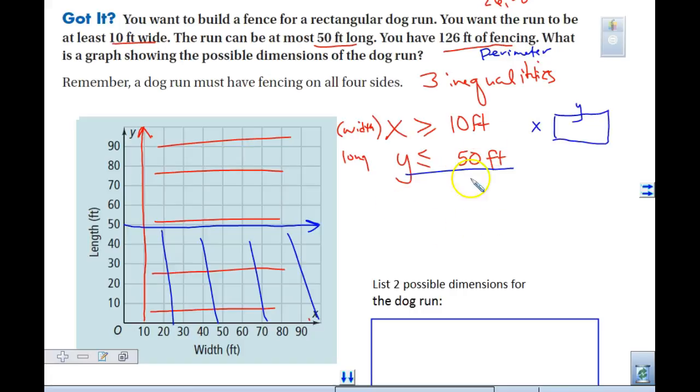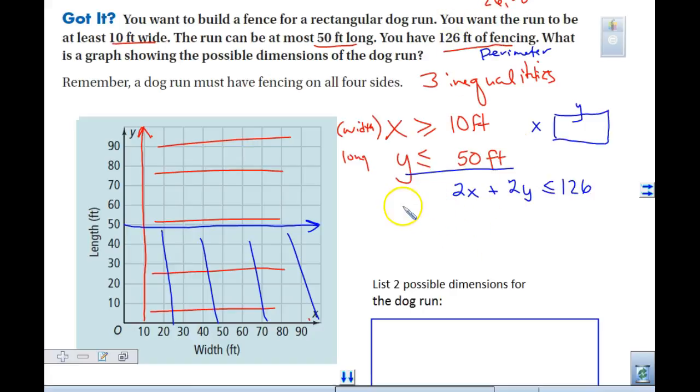So when we think of doing perimeter, a lot of times I'll have students do this. They'll say that this is 2x, 2 times the width plus 2 times the length. And in this case, it has to be less or equal to 126, right? It could be equal to 126, but that's the most fencing we have.